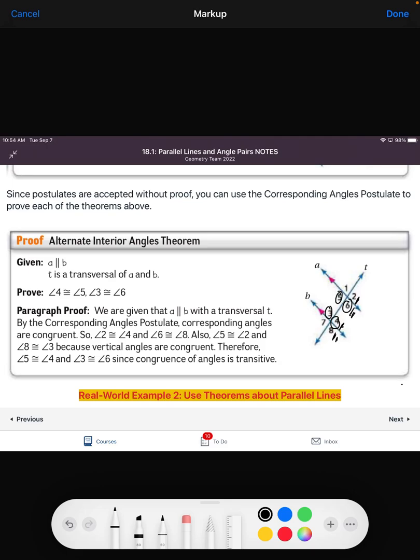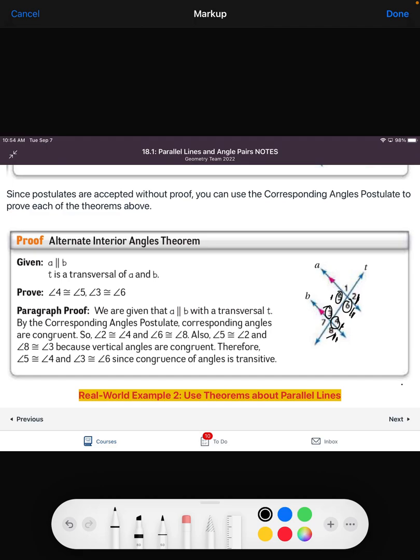And also 5 and 2 are going to be equal to each other because they are vertical angles. And 8 and 3 as well, because those are vertical angles. Therefore, 5 is going to equal 4, and 3 is going to equal 6 because of the transitive property.